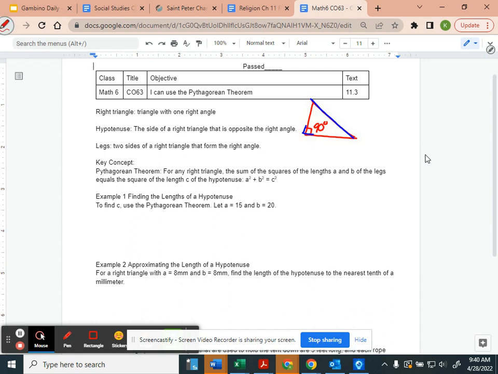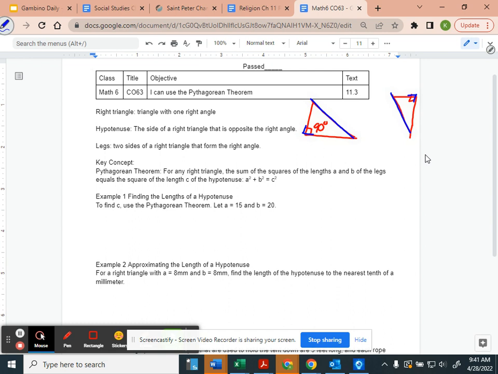So it doesn't matter where that right angle is. Maybe the right angle is up here. That hypotenuse is going to be directly across from our right angle. So it doesn't matter how the right triangle's turned. The hypotenuse will always be across from the right angle.